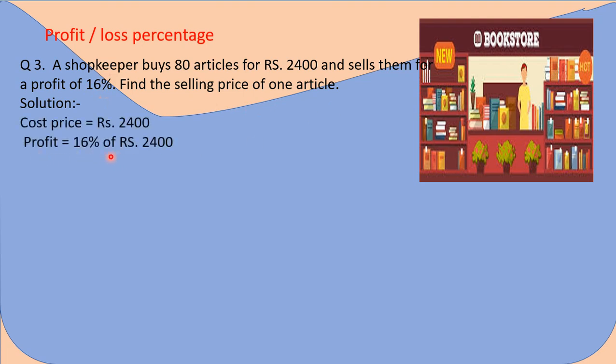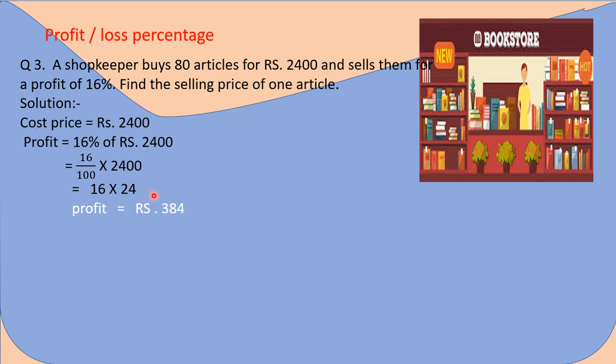Now as the profit is on the cost price, we can find the profit: 16% of rupees 2400. 16% of 2400 is 16 upon 100 into 2400, and the 0s will cancel out. We get 16 into 24, which is 384. So this is the profit for the shopkeeper on 80 items. Now we have to find out the selling price.